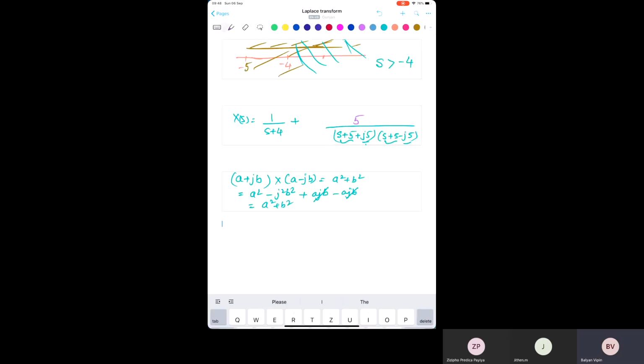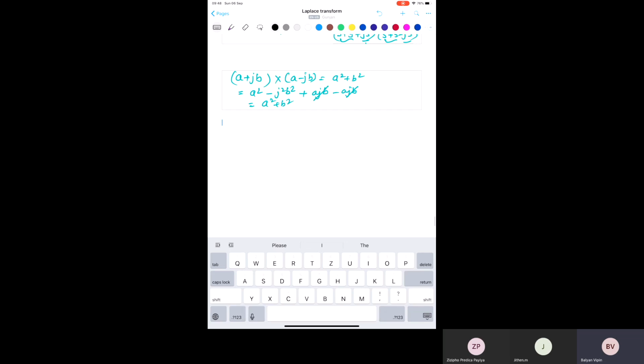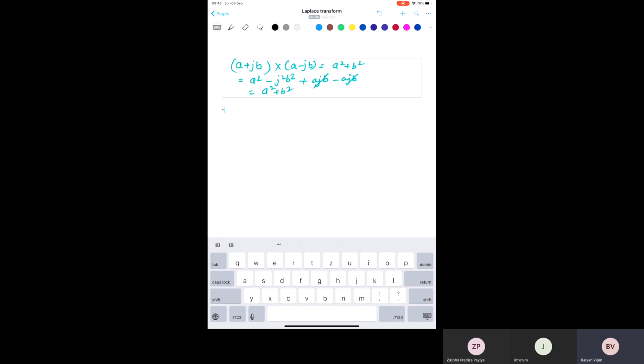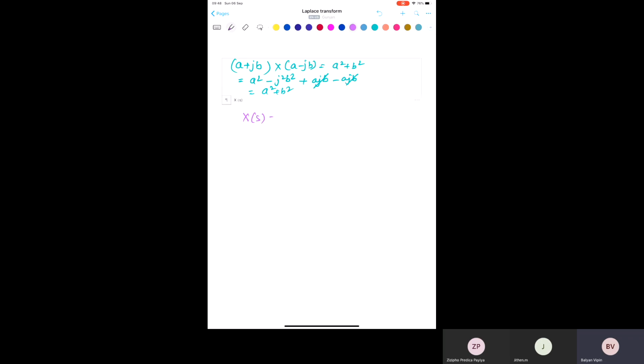So you have x(s) equals 1 upon s plus 4 plus 5 upon (s plus 5) whole square plus 5 square, and your region of convergence is s greater than minus 4. In this way, you will solve that question.